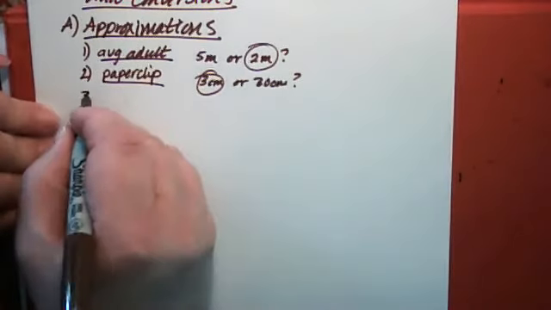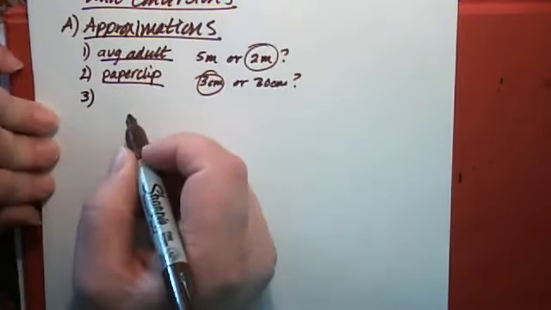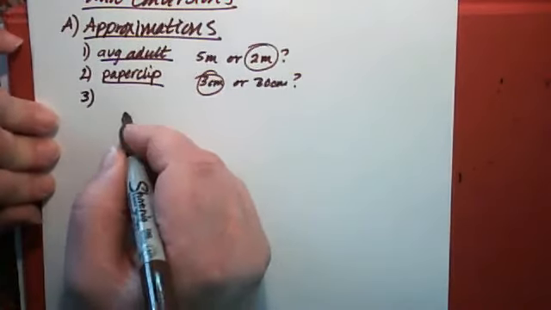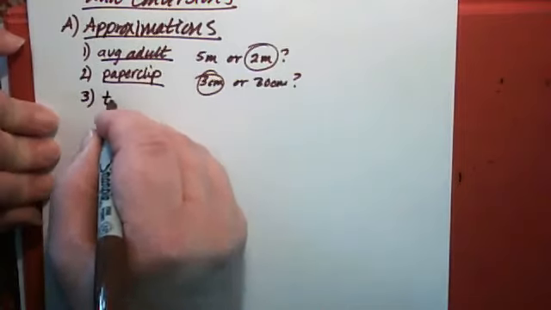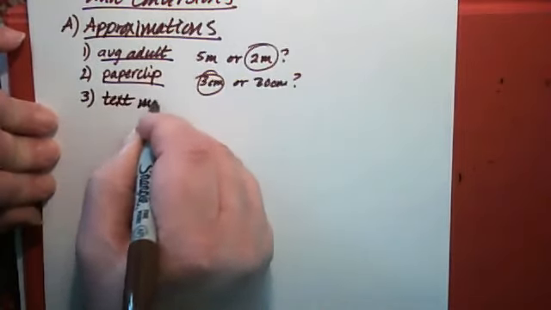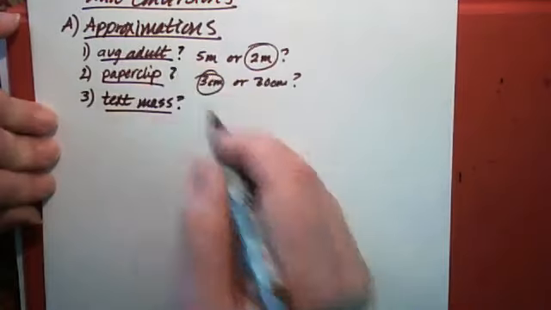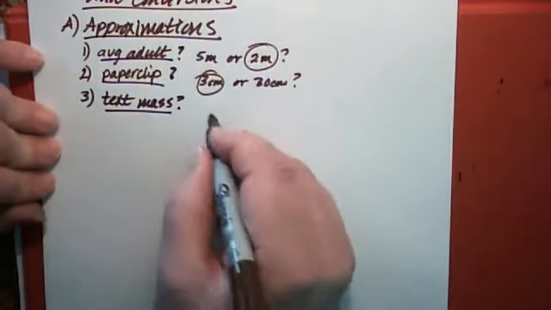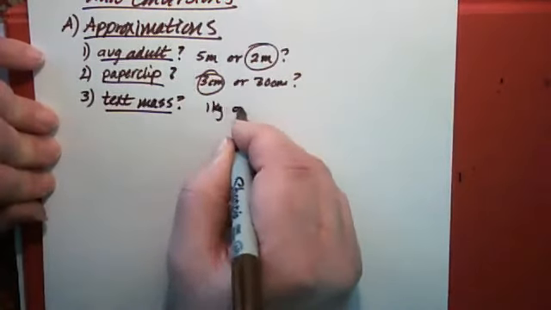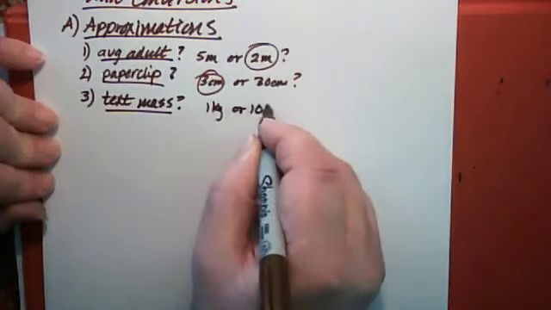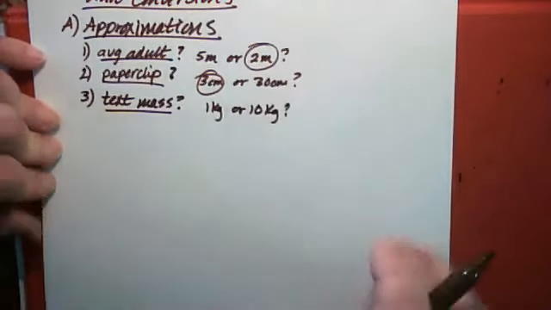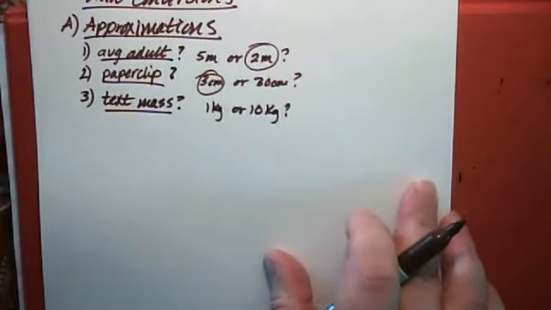Okay, number 3, which of the following is an appropriate mass for a large textbook? 1 kilogram or 10 kilograms? Well, our textbook is actually pretty heavy.